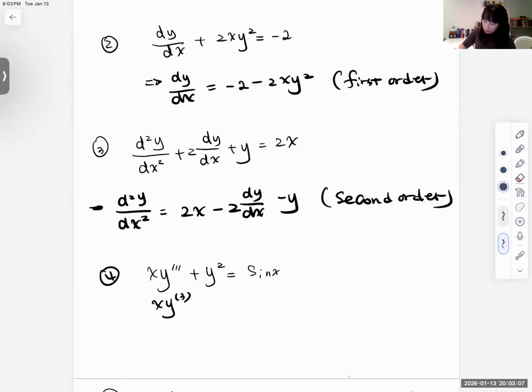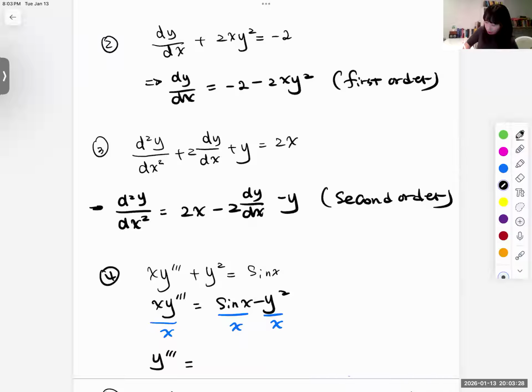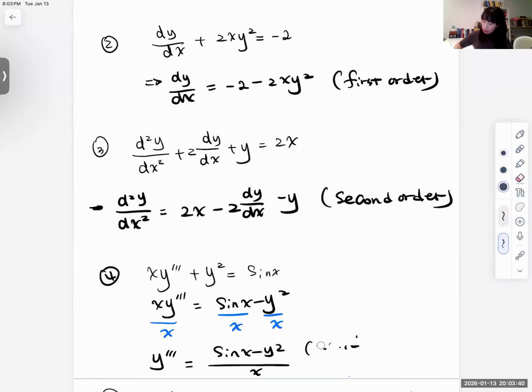It equals sine x minus y squared. So we want to make the form, then divide every term by x. So we can have sine x minus y squared over x. So third order. And spell third.